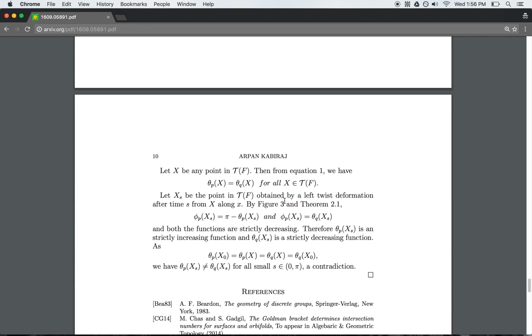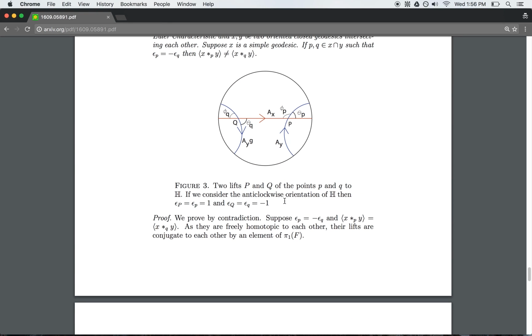of F. Let X sub s be the point in the Teichmuller space of F obtained by a left twist deformation after time s from X along X, by figure 3 and theorem 2.1.